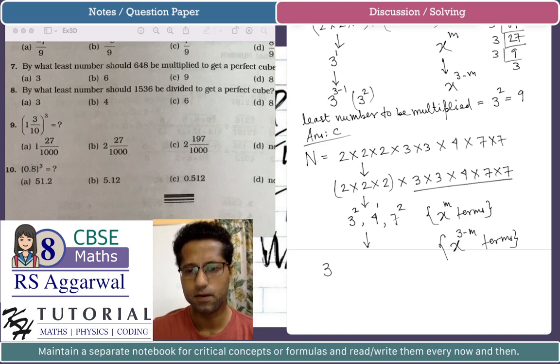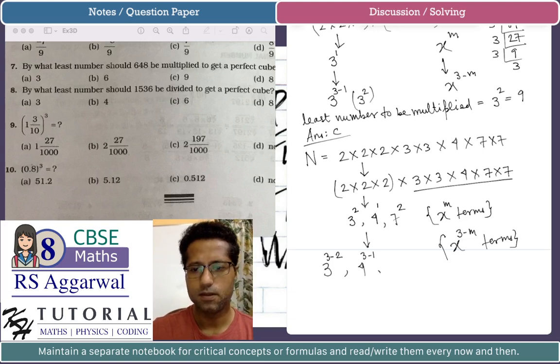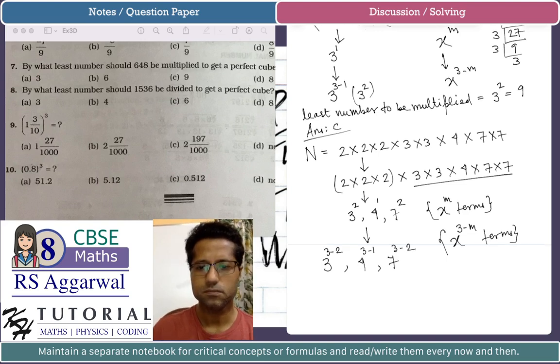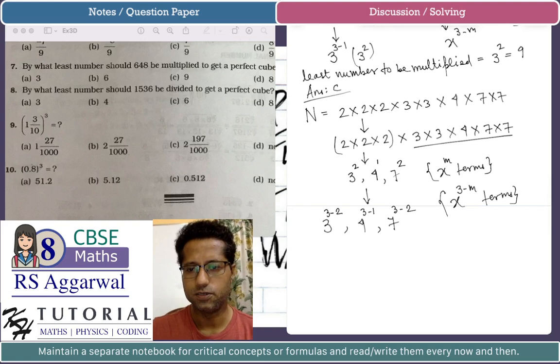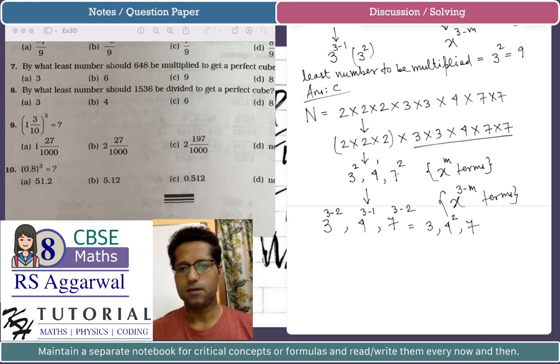That is 3 to the power 3 minus 2, 4 to the power 3 minus 1, and 7 to the power 3 minus 2, which is basically 3 and 4 square and 7. So these are the x to the power 3 minus m terms.